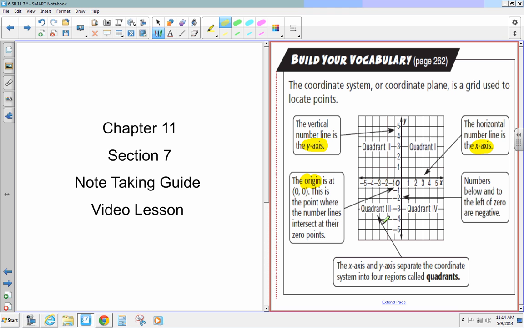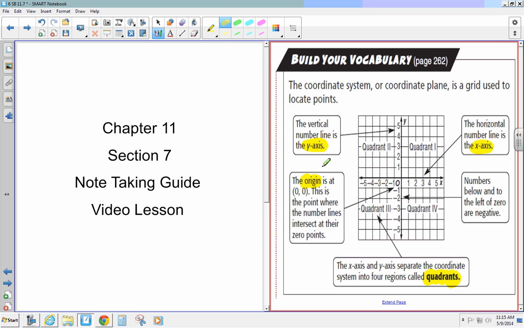Each of the four areas that are separated into are called the quadrants. And the coordinate system or coordinate plane, you would say it's a plane cut into quadrants by two number lines.